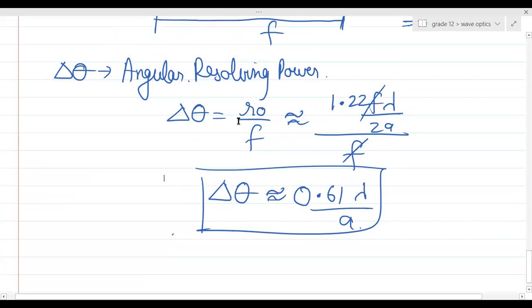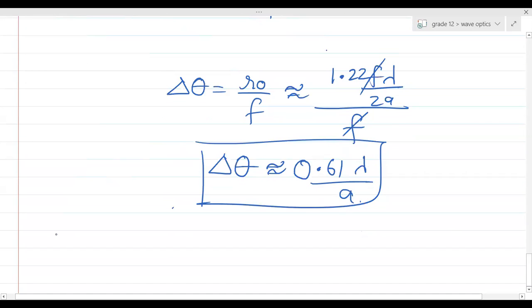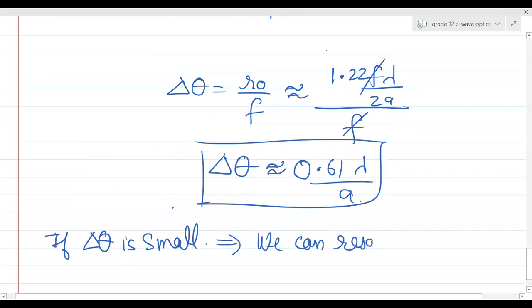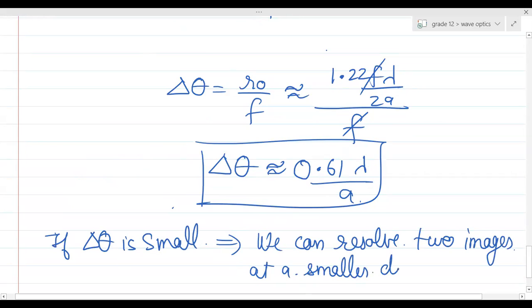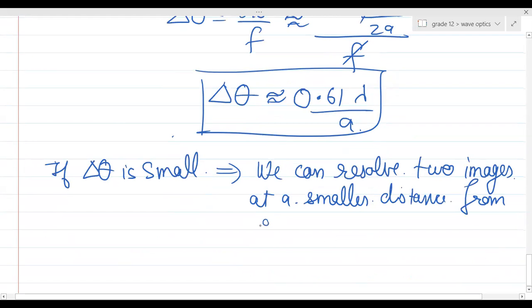I got confused, sorry. So if delta theta is small, that implies we can resolve two images at a smaller distance from each other, and that implies resolving power is more.